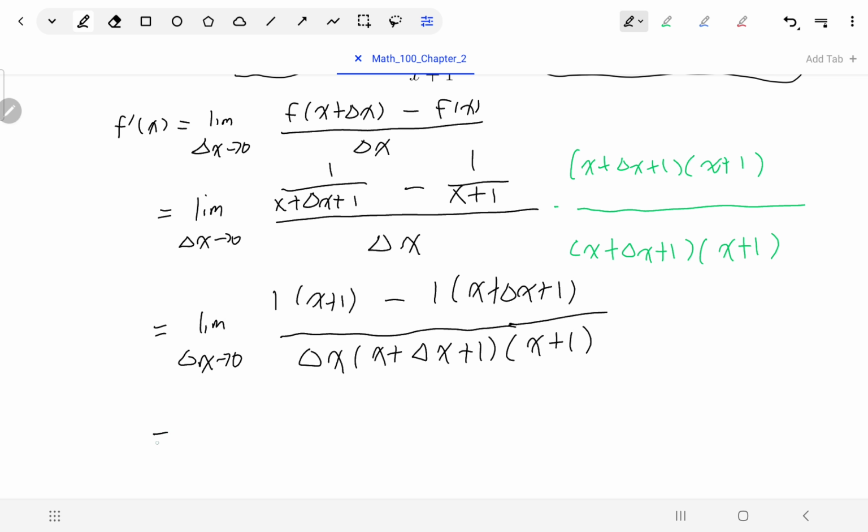And when I clean things up a little bit further, and I clean up my numerator, I'm going to see that I'll have 1 times x minus 1 times x, so the x's will be gone. I'll have a 1 times 1 minus a 1 times 1, the 1's will be gone.